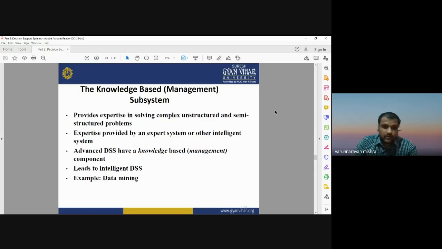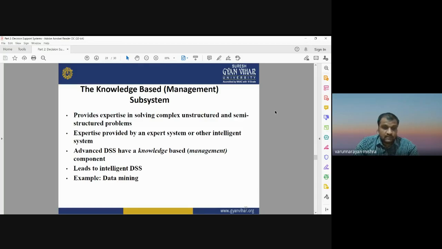Okay, the third important component of this DSS is knowledge based management system. So knowledge based management system provides us the expertise in solving complex unstructured and semi-structured problems. So what are unstructured and semi-structured problems? If you have some direct solution to a problem, then it is known as a structured problem, okay.